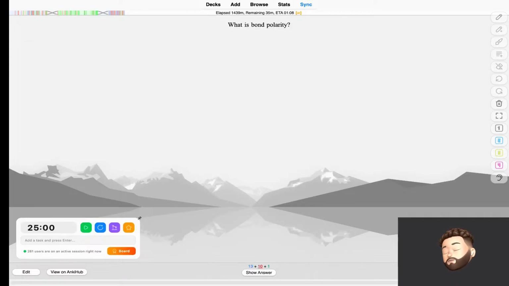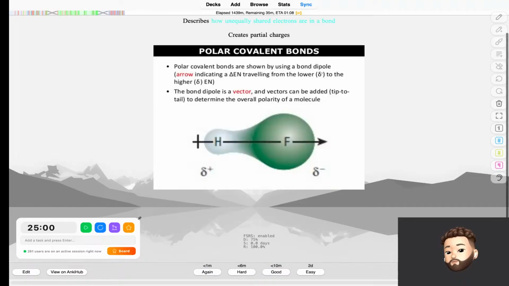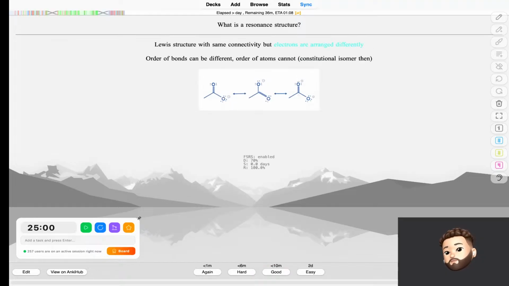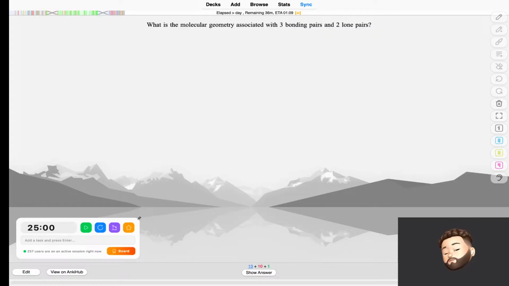Again, what is bond polarity? It describes how unequally the electrons are shared. Resonance structure: it describes a Lewis structure with the same connectivity but different arrangement of electrons. Three bonding pairs and two lone pairs.